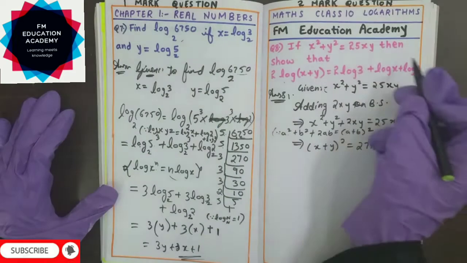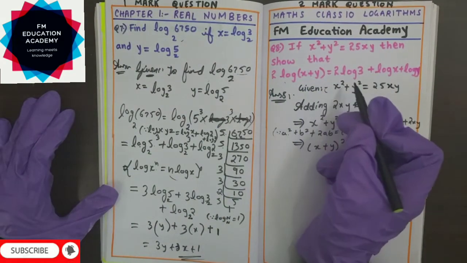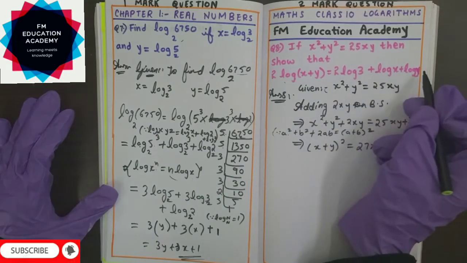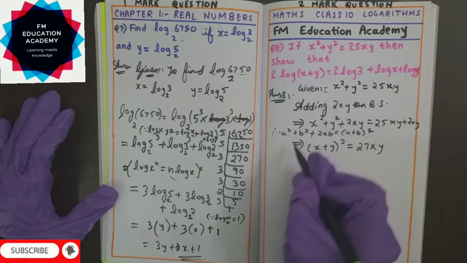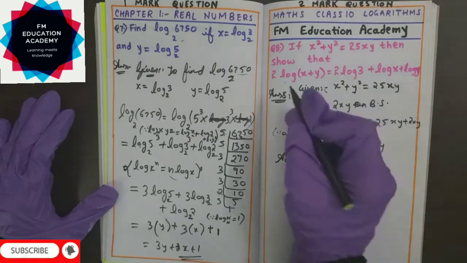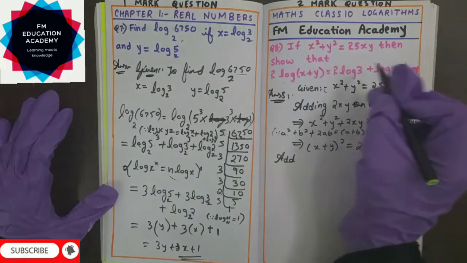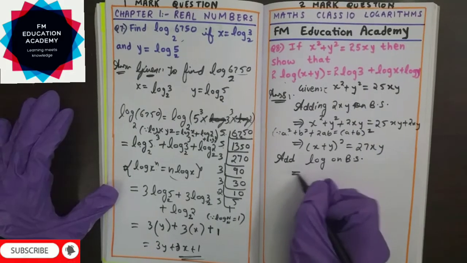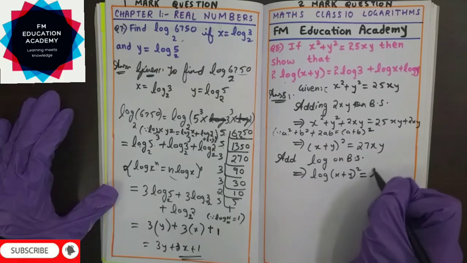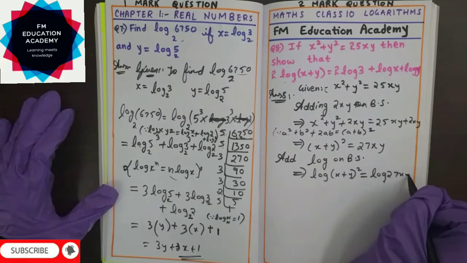But if you observe in this condition, we can clearly see that the question is in terms of log. As the question is in terms of log, we need to write log on both sides. Since in the show that condition we have to write it in terms of log, this will become log x plus y whole square is equal to log 27xy.